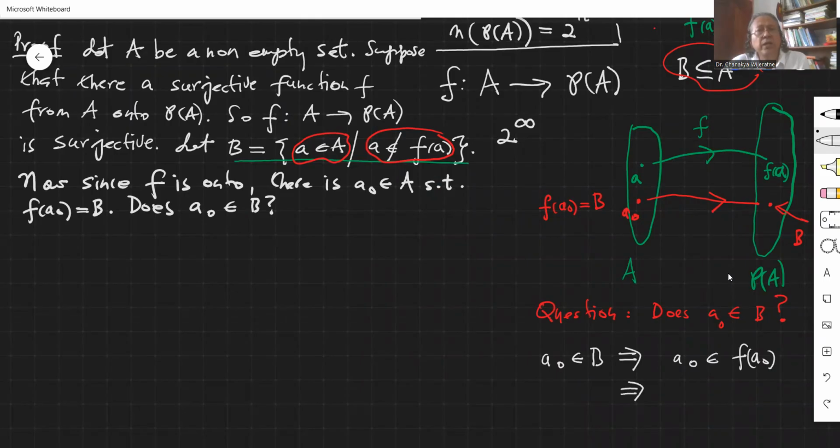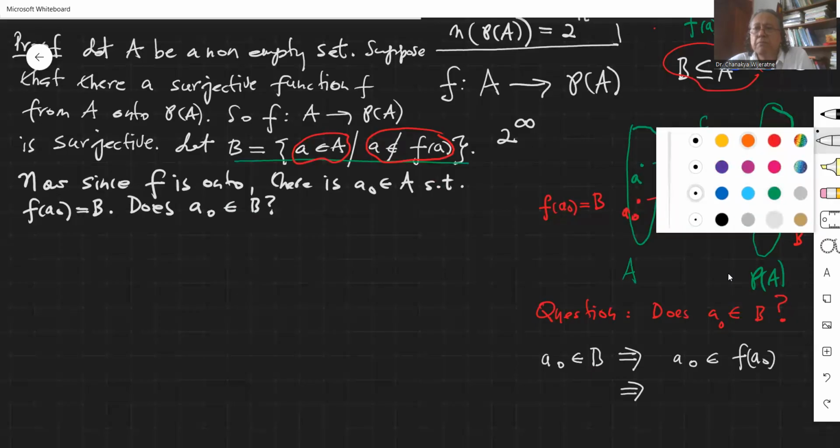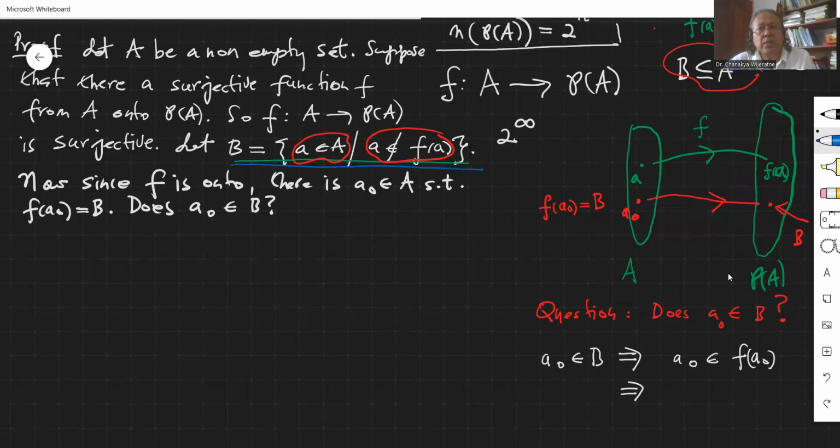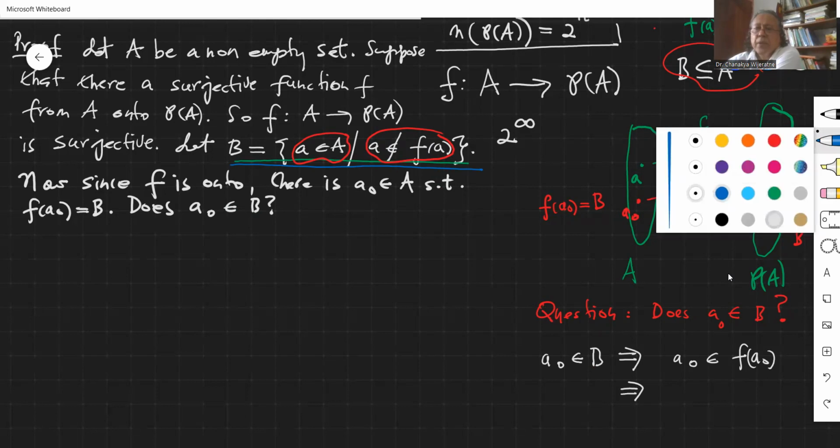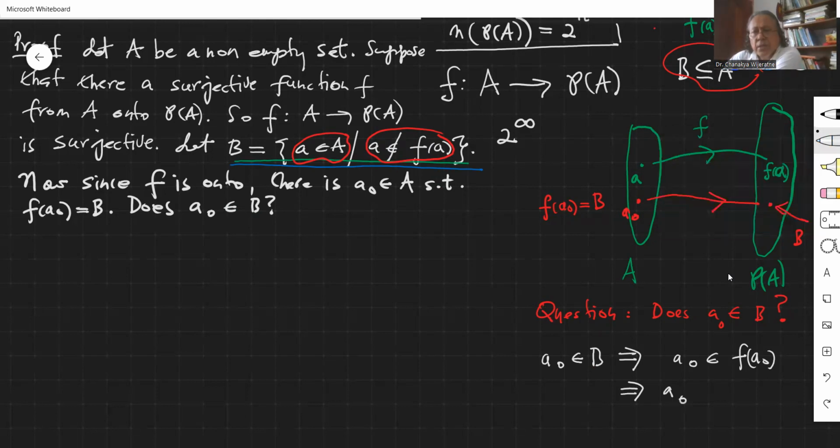Now, how did we define B? We define B to be all the elements a in A such that a doesn't belong to f of a, right? Here we have this a naught, which belongs to f of a naught. So that means a naught does not belong to B, right?